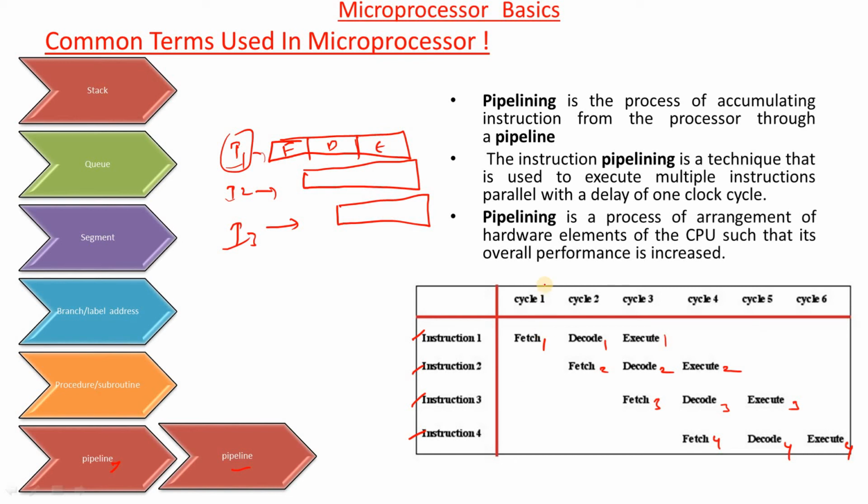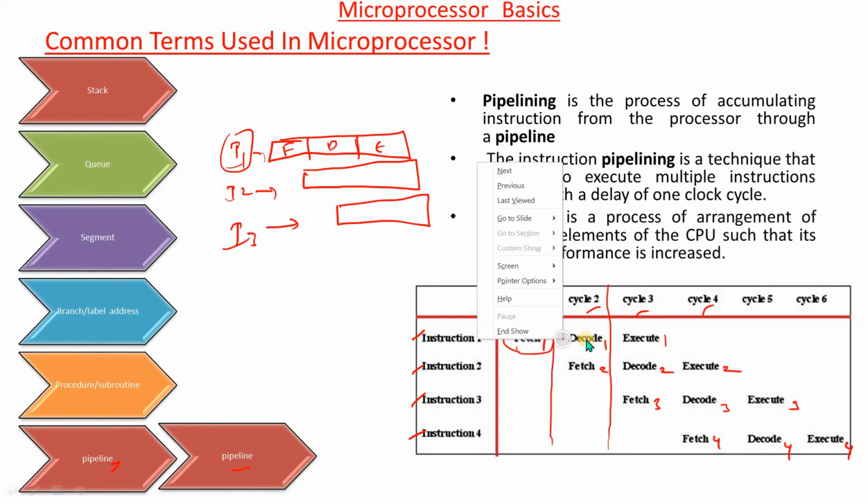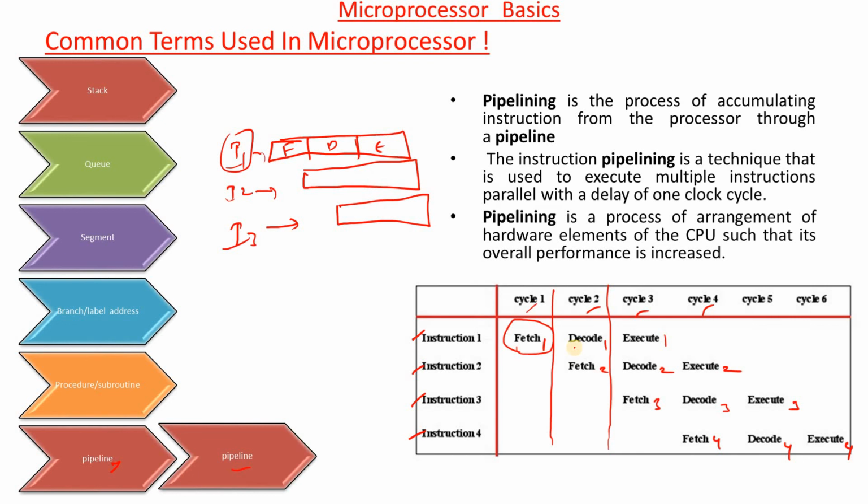In this case, row wise, we are going to see cycles, that means clock pulses 1, 2, 3, 4, 5 like this. In the first clock pulse, we are executing only the fetch of instruction 1. In the second clock pulse or second cycle, we are executing the decode cycle of instruction 1 and the fetch cycle of instruction 2.